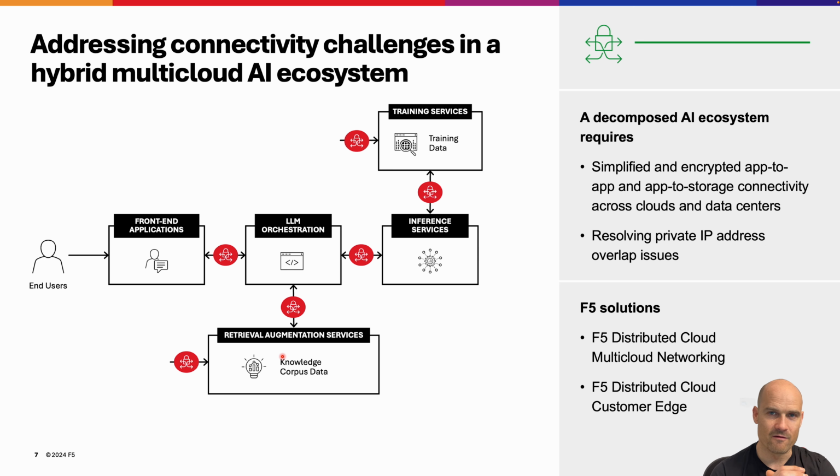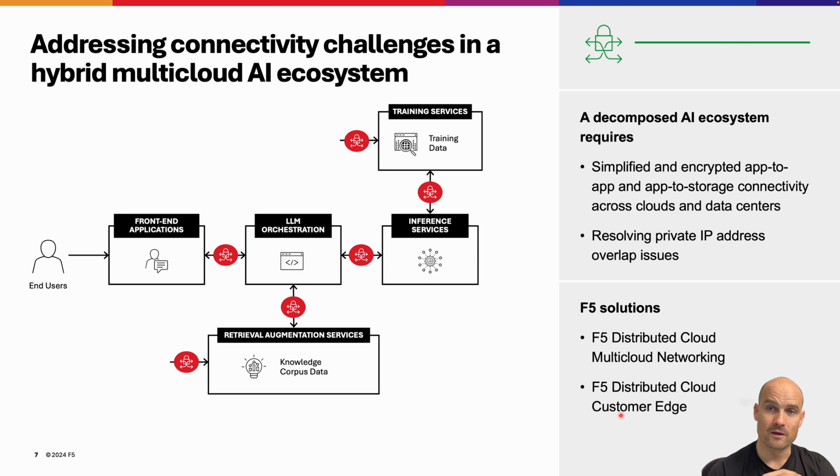And F5 is very strong here with F5 Distributed Cloud Platform. This platform is able to deliver a multi-cloud networking solution, easily and quickly, thanks to one element called a customer edge. You can see here, a customer edge is a small element to deploy into your building block, okay?